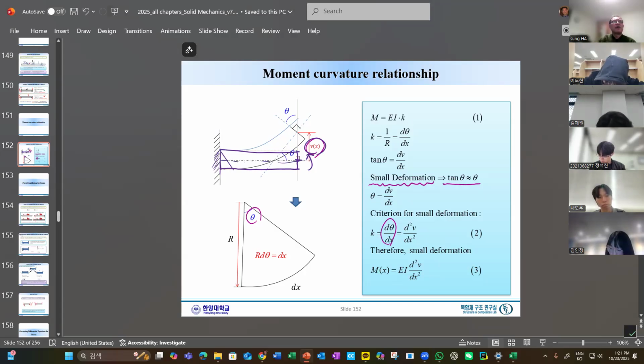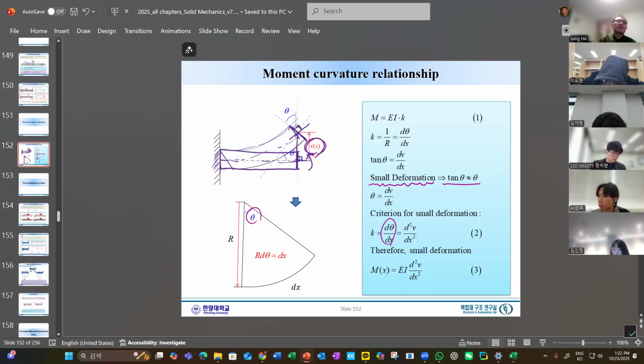This guy will deform like this, and then this neutral axis will deform like that. And the upper surface and bottom surface accordingly deform together. Now, very importantly, this original cross-section remains plane.